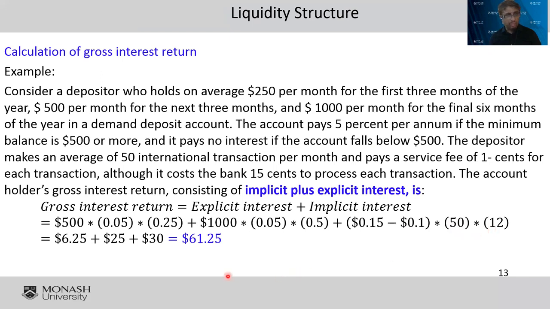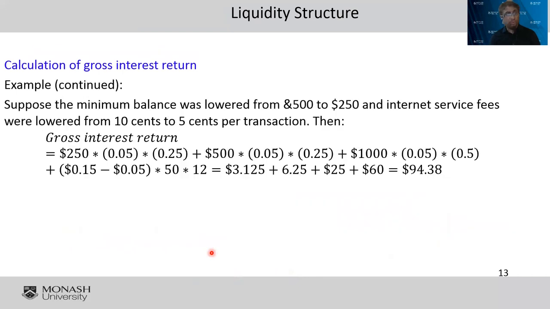So that's actually equal to 84. So if you add everything now, the interest for the first 3 months is free. This is the interest for the second 3 months. This is the interest for the 6 months, and this is the implicit. So this is what they pay for the discount, 61.25.